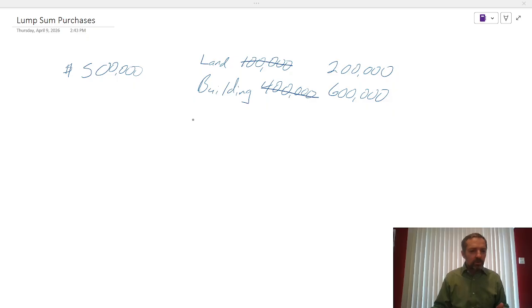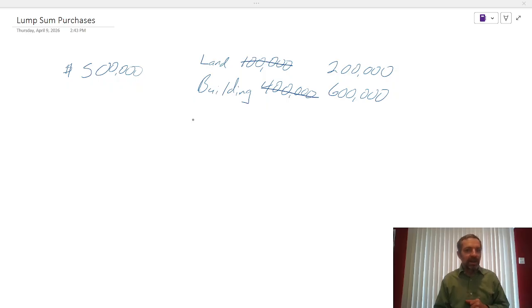So let's go look at St. Louis County in Minnesota, where we are located, and let's just pick a random building and see, all right, how much is the land worth and how much is the building worth according to the county.